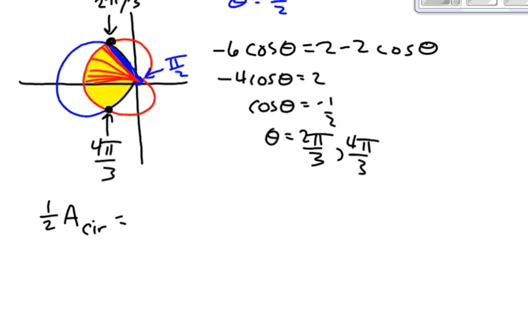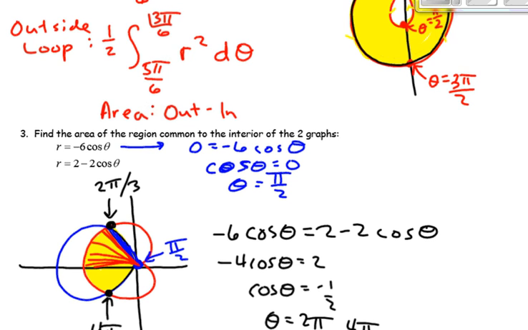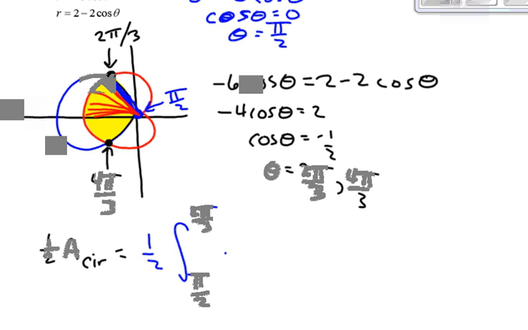Half the area of the circle is 1/2 of the integral from pi over 2, where we started that circle, to the intersection point of 2 pi over 3, of the radius squared. So the circle's r is negative 6 cosine theta, and that whole thing squared.